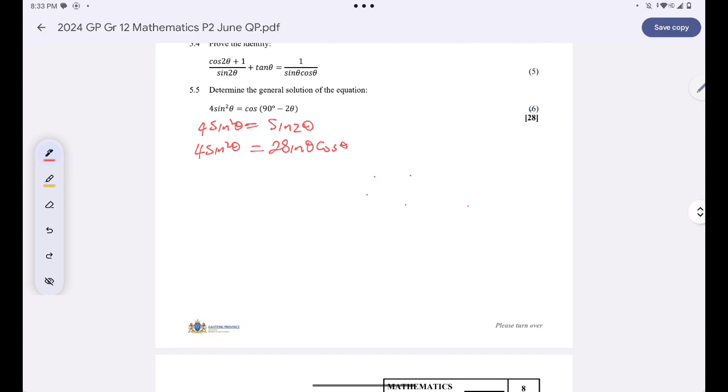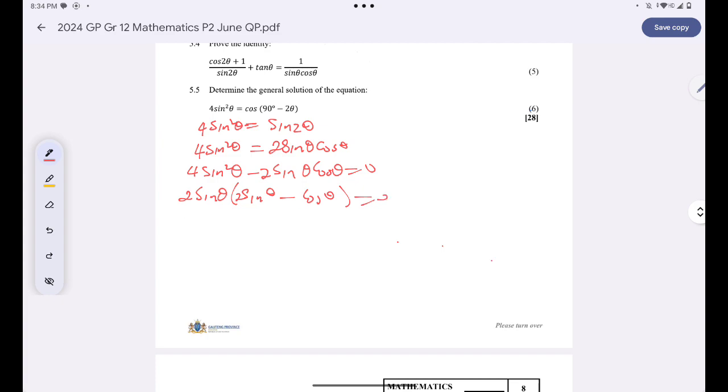I can bring the 2 sine theta cos theta to the other side. I'll have 4 sine squared theta minus 2 sine theta cos theta is 0. I can take out a common factor of 2 sine theta, and then I'll have 2 sine theta as well, but minus cos theta.